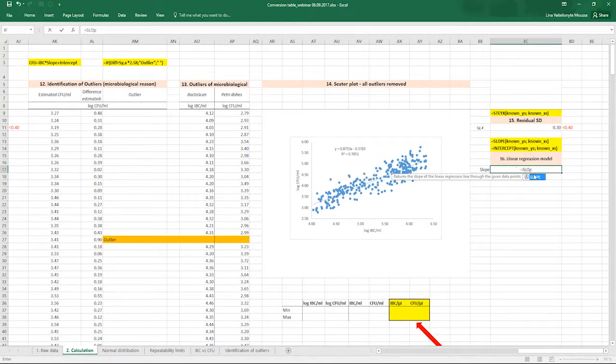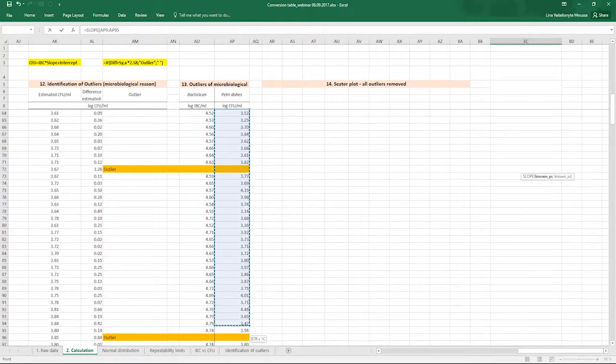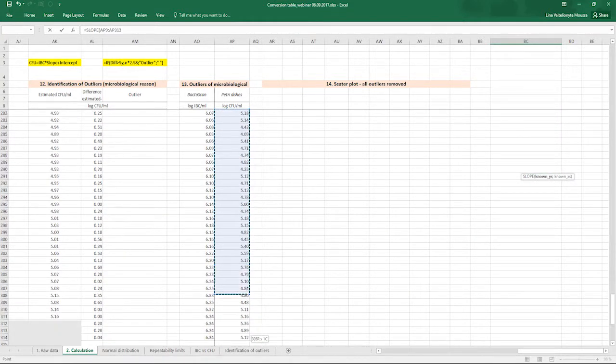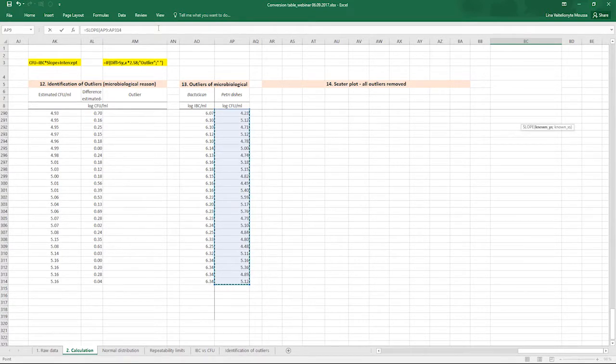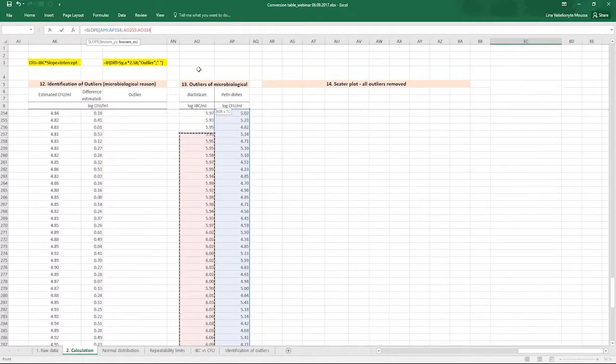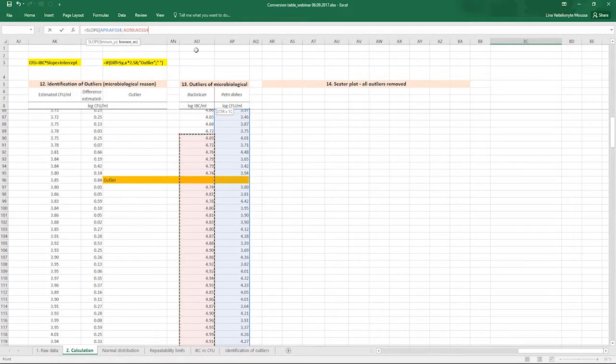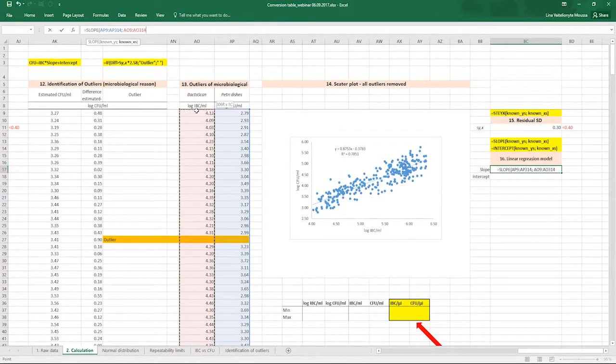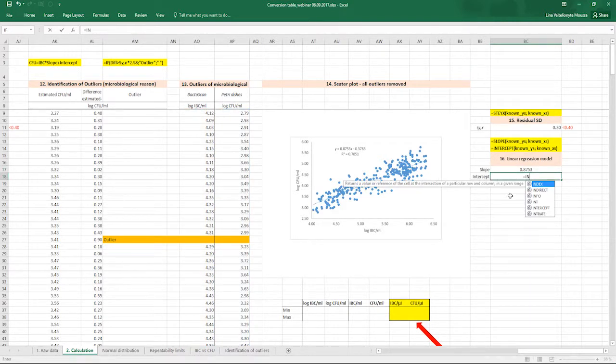Calculating the slope, and calculating the intercept.